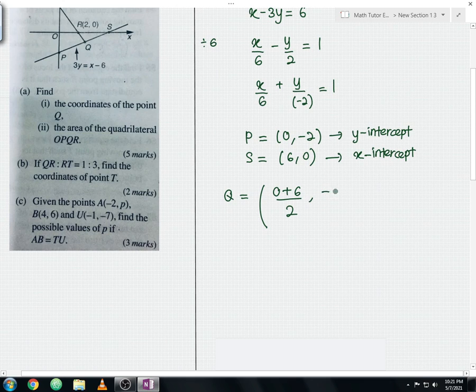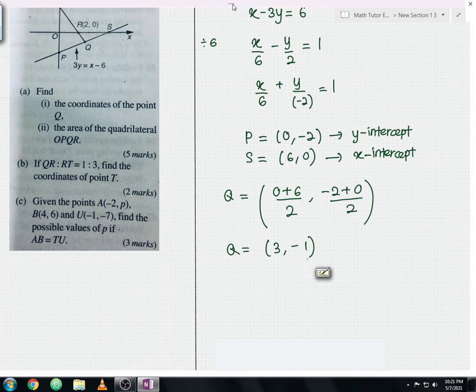So negative 2 plus 0, and then you divide by 2. You calculate this, you should get coordinate Q equals (3, -1). So we have already solved question A part 1, guys. Let me underline the solution.